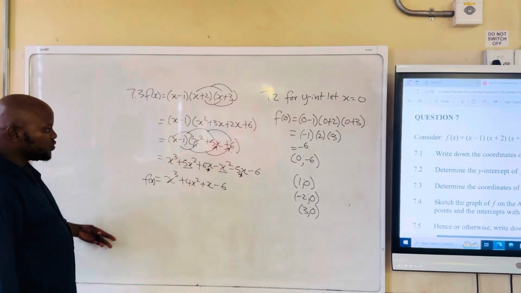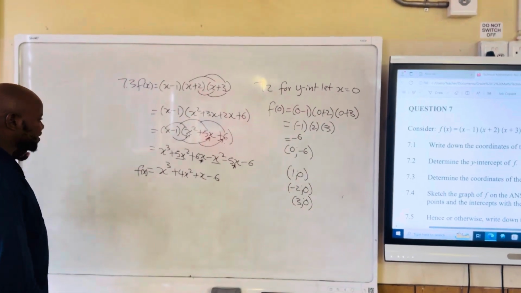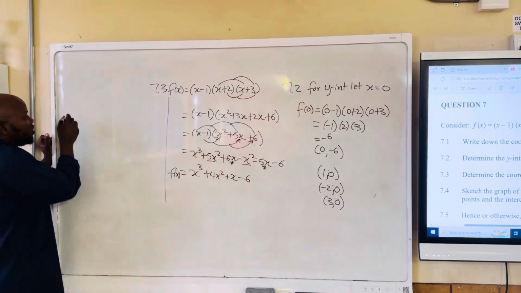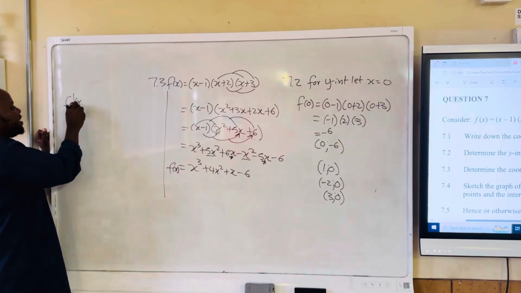So what are we going to do now? We are going to differentiate this. We are still at our 7.3. We are differentiating now.